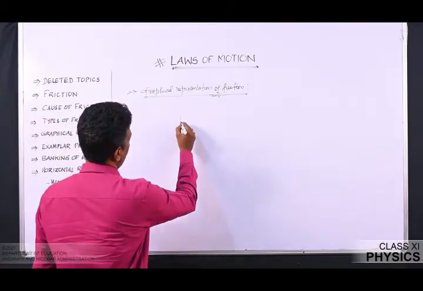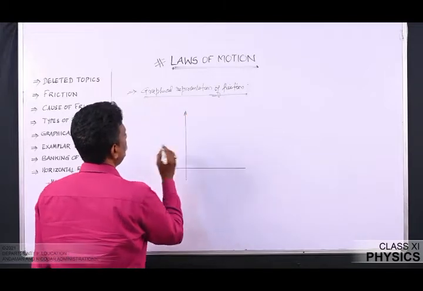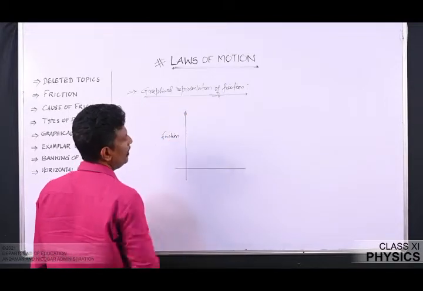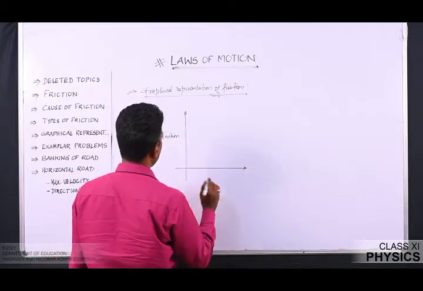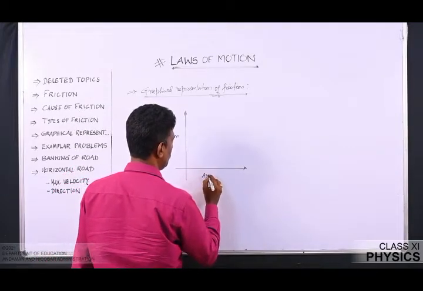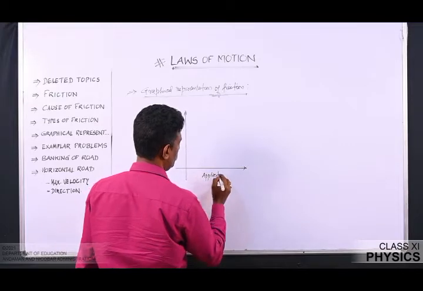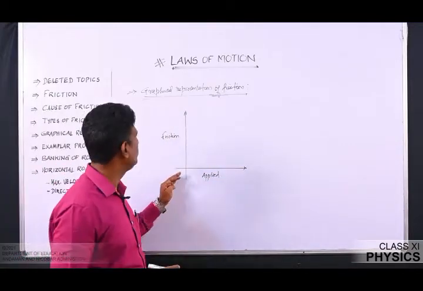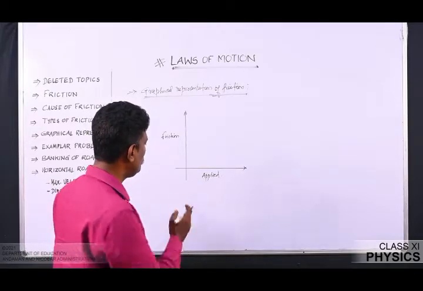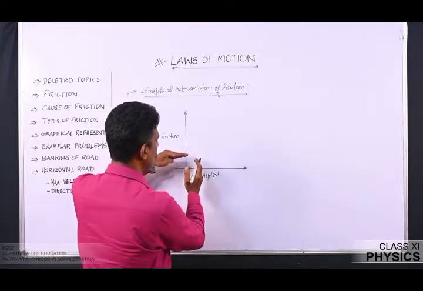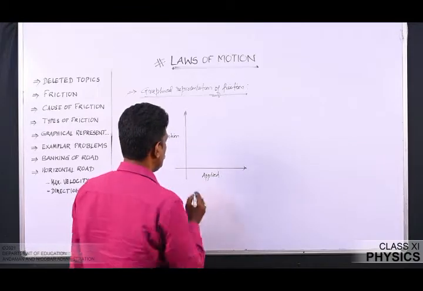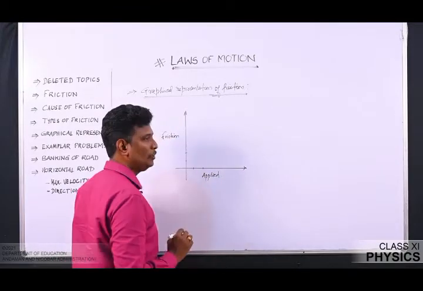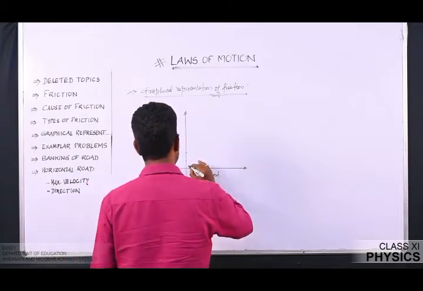Let us have the graph like this. Y axis we are taking friction, and in x axis we are taking applied force. In initial cases, in static friction, we see that what all the applied force is there, the frictional force is also same. So, when both are same, we can have a straight line.